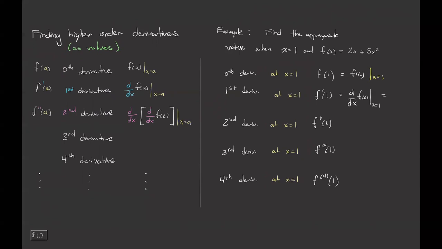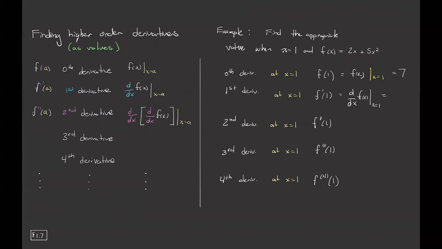In particular, what we get when we substitute in x is equal to 1 into this function, I think we get 2 plus 5, so 7. Now at the same x value, we're asked to find the first derivative there.